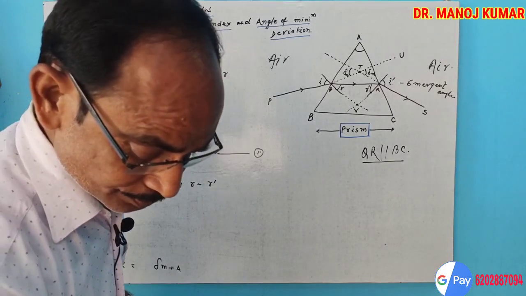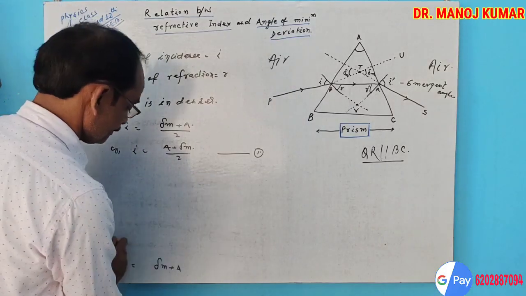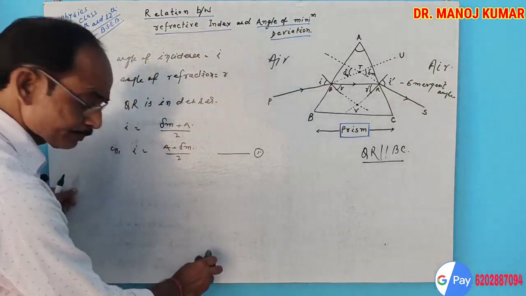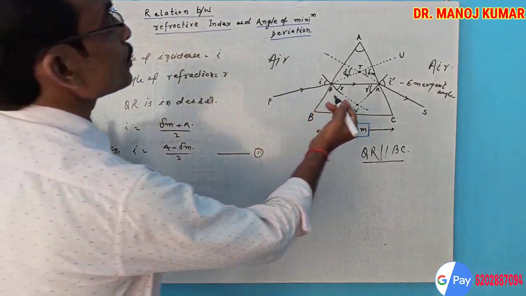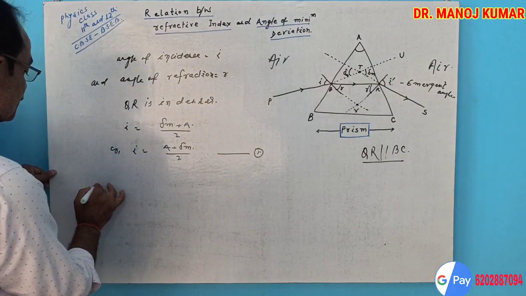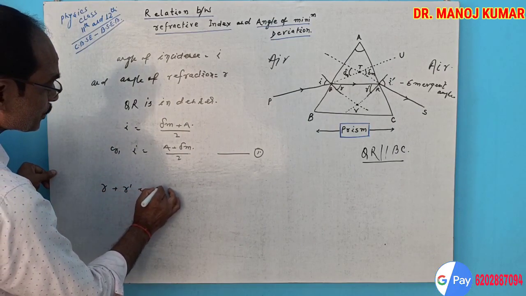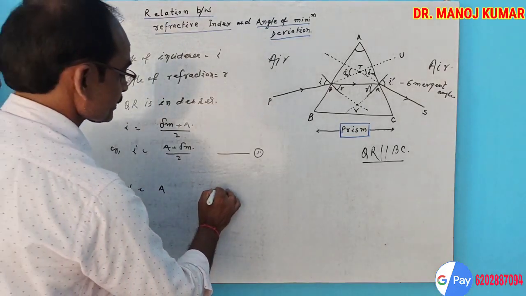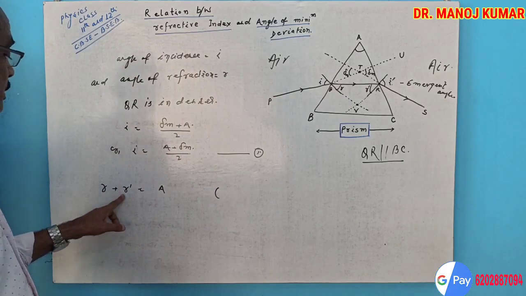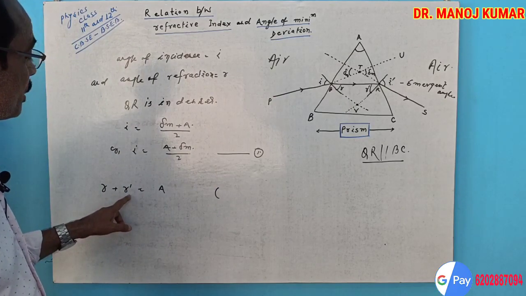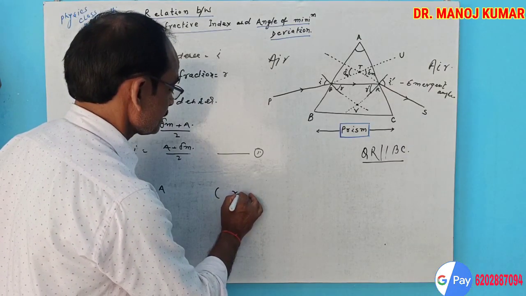Now we have also given here r plus r dash equal to a. You have observed some relation here before this.